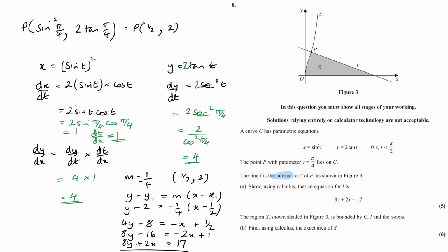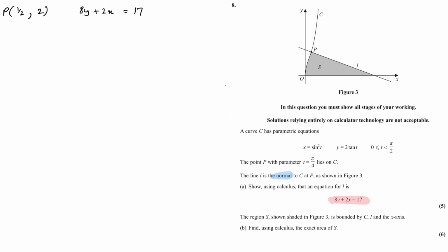You can see it quite clearly here. Okay. Now, before we get on to part B, let me just make a little bit of room. That's better. Now, when we're looking at part B, it says we need to find this shaded region. S is bounded by C, L, and the x-axis.